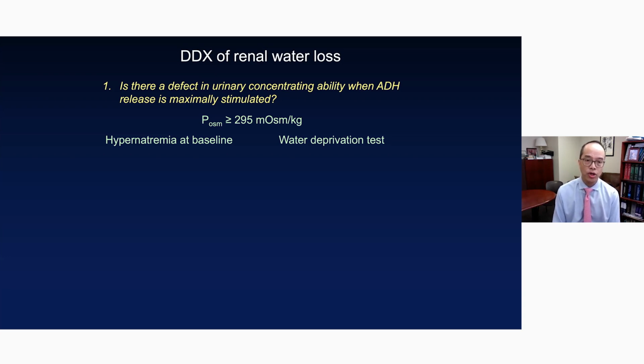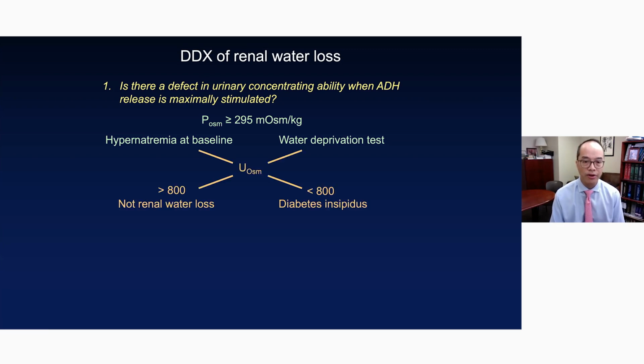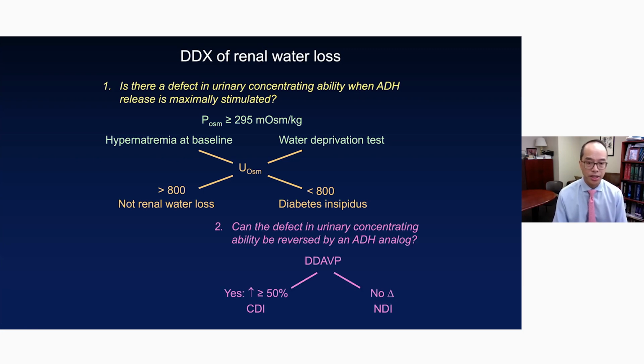And therefore, one needs to stimulate ADH release with an overnight water deprivation test. And the water deprivation test is only a good test if you can get the plasma osmolality to greater than 295. And if you do so, and the urine osmolality is still less than 800, that's diagnostic of diabetes insipidus. And in fact, that was the case in this patient.